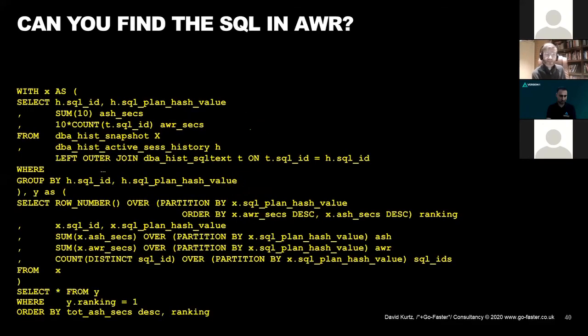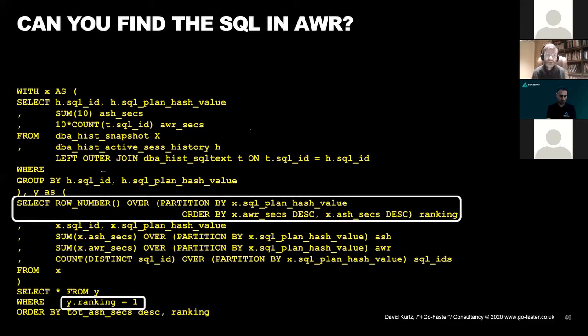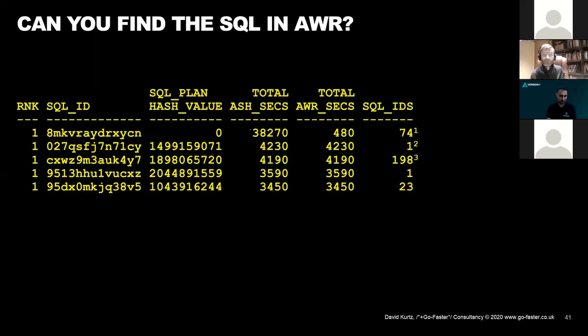Then I can use some analytic functions and say, for each plan hash value, I want the statement for which I have the most DB time that I know about. And I get a profile like this. So now I have, for each plan hash value, the statement that took the most time.